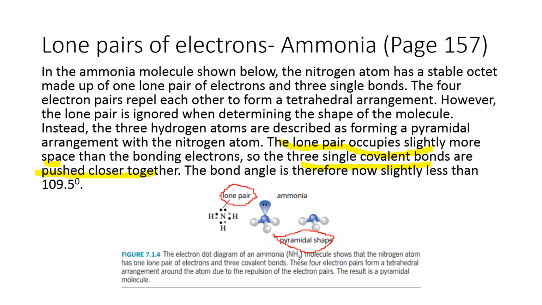It's because of that lone pair occupying more space than the bonding electron. So you have to be very clear on that. So technically saying, you should be getting the tetrahedral shape, but because it has the lone pair electron on that surface of nitrogen, eventually what you get is a pyramidal shape, and the bond angle between the hydrogen atoms is slightly less than 109.5. Alright, I'm just going to move on to the next slide.